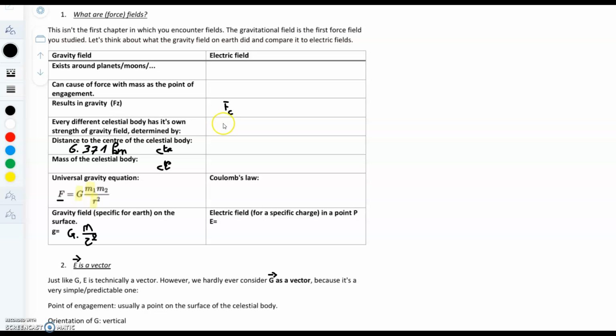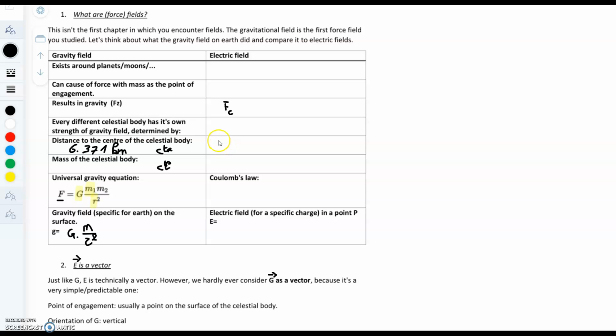Now, also, like we said, every celestial body has its own strength of gravity field. In this case, every charged object has its own electric field around it. What determines the strength of this electric field?